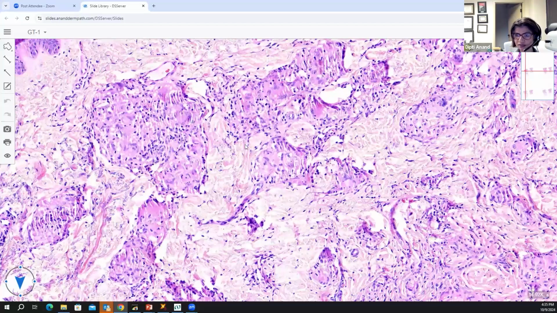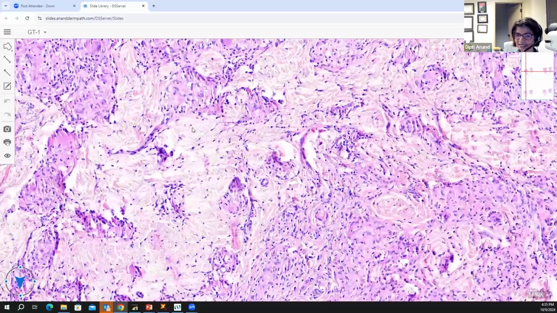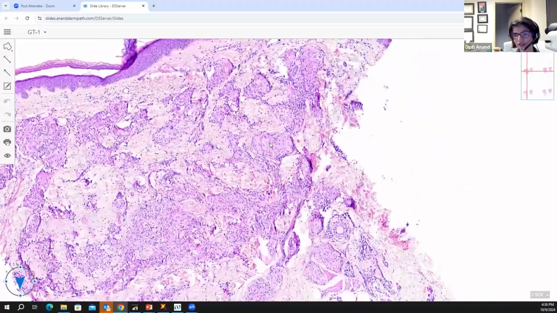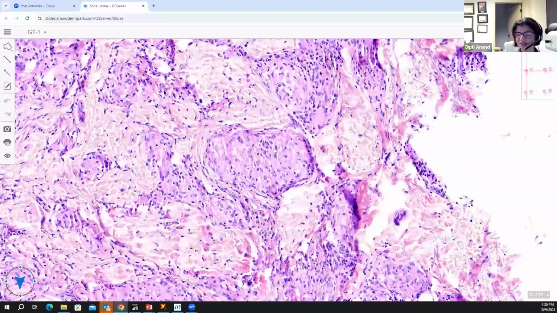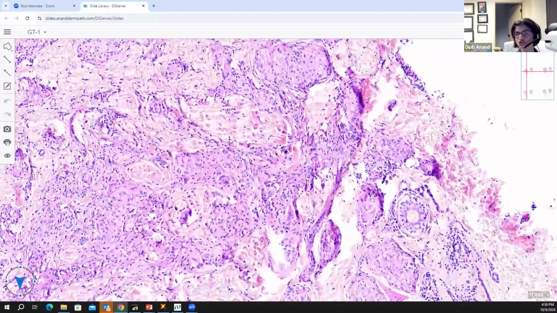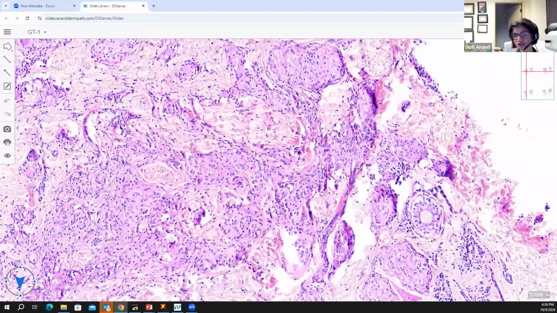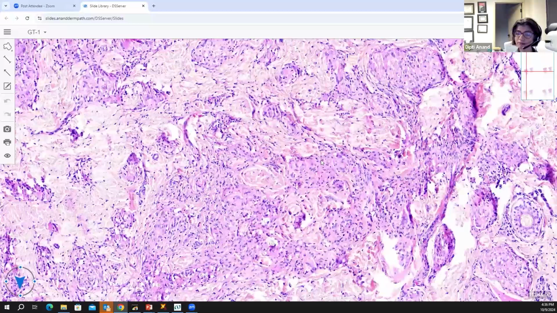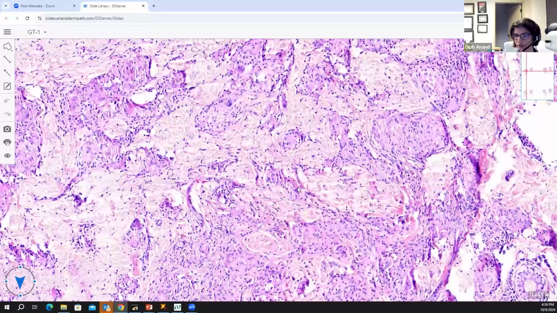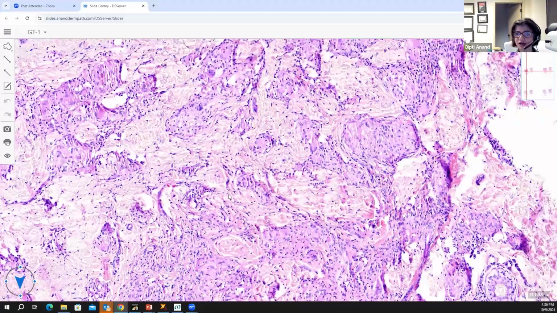I can nicely form a circle around it. So when I see that nice, tight, round nodular aggregate of epithelioid histiocytes, as I'm seeing over here, that's a sarcoidal granuloma. Giant cells are an important composition of sarcoidal granulomatous reaction, especially prominent in sarcoidosis or a sarcoidal granulomatous reaction. So that should not deter you from diagnosing that entity.